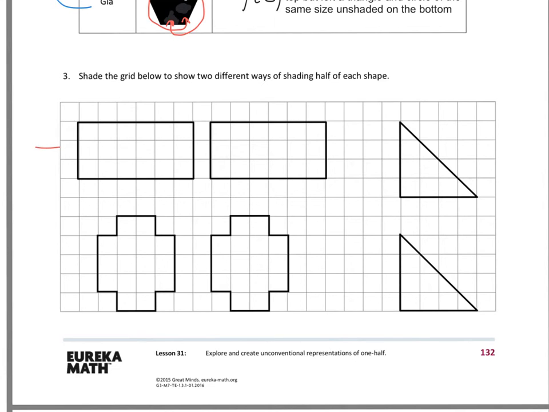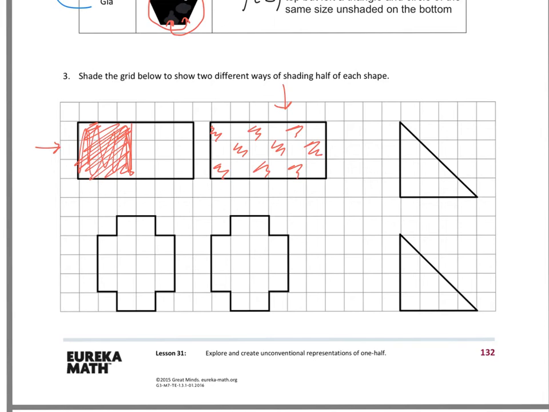We already did one up here. This one is from the question on the first page. So I would shade like this. That's half. And then on the first page, I shaded every other one like this.